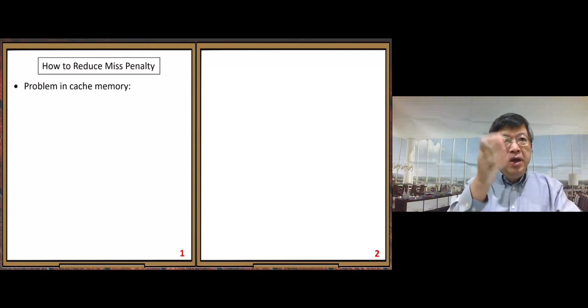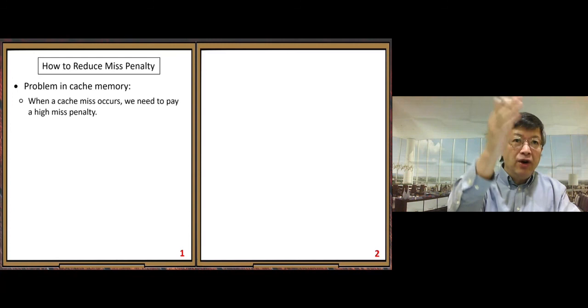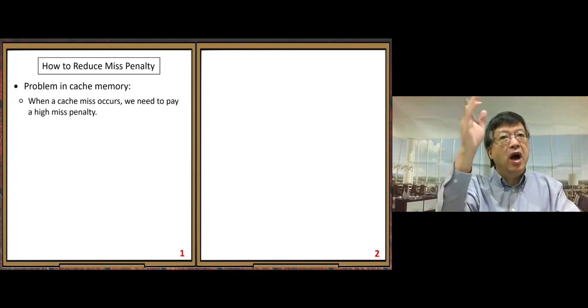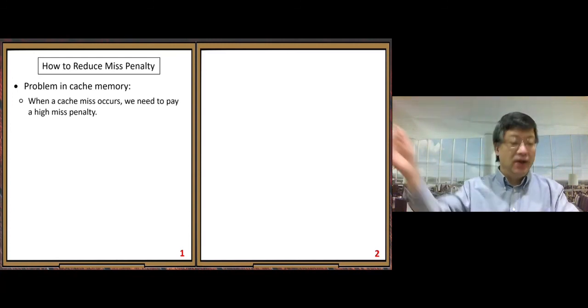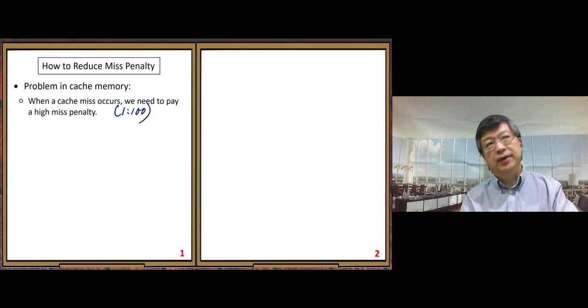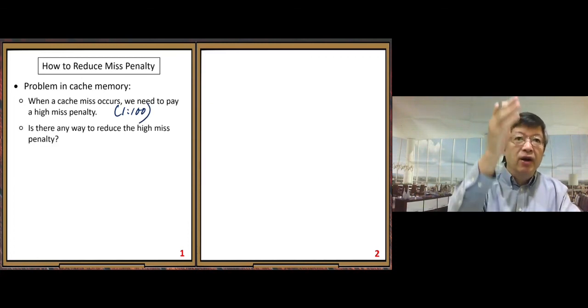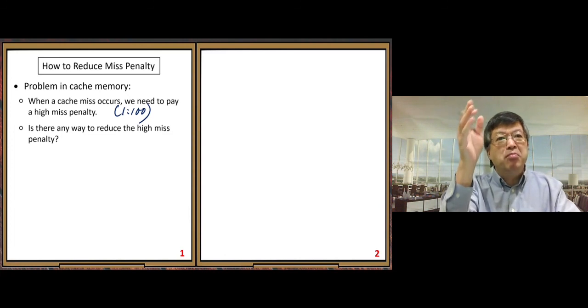All right, so the problem in cache memory: when a cache miss occurs, we need to pay a high miss penalty, approximately a 1 to 100 ratio. The question: is there any way to reduce the high miss penalty?